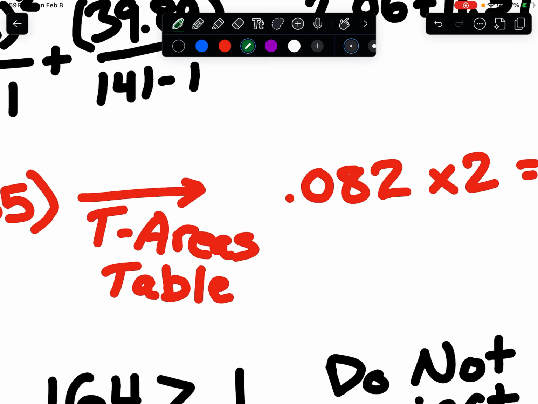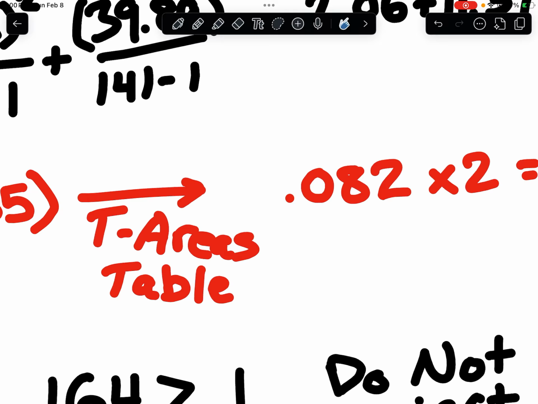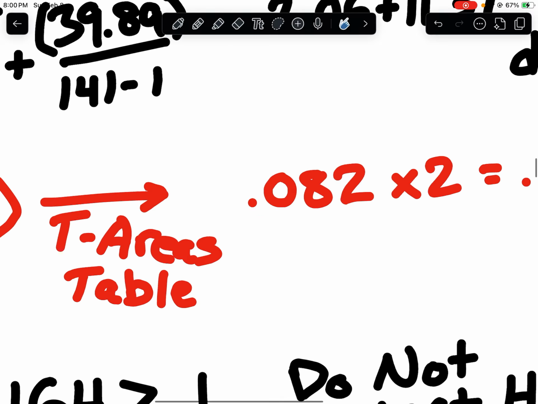If I looked at our table correctly, I think there's a column for 120 degrees of freedom, because I was about as close as I could get. I was debating between the 120 degrees of freedom and the infinity one. There was like a 0.001 difference, which isn't going to make that big of a difference.